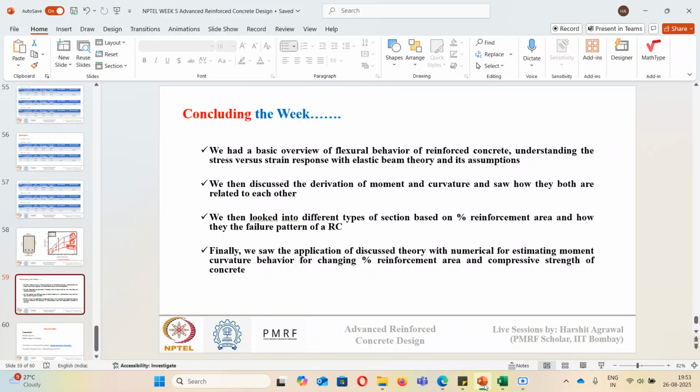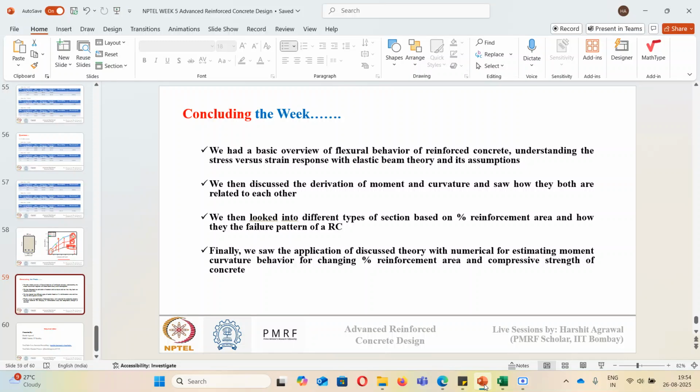And we looked into the implementation of this theory for different types of sections, based on reinforcement area and concrete strength, and how they affect the moment and curvature. And we talked about failure also: what is the failure in an over reinforced section, under reinforced section, and balanced section?